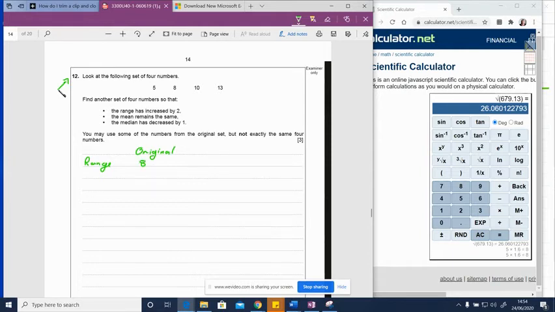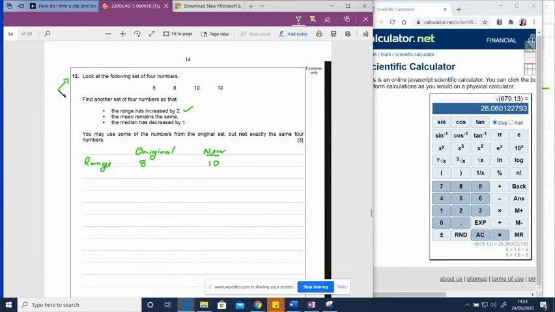Now the first clue tells us that the range of the new set has increased by 2, so the range will be 10. So the difference between the largest and the smallest in the new set of four numbers will be 10.